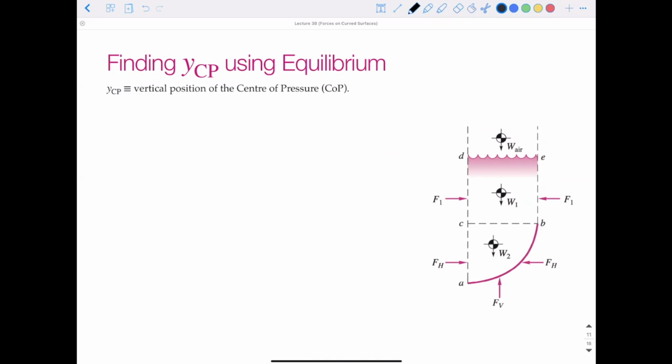So that's the horizontal component of our resultant force. Now we want to find the location of the Z center of pressure. So let's draw some things here. We know that in this shape, our center of gravity will be some location, and our center of pressure is going to be where that force is acting. So this is going to be our ZCP.